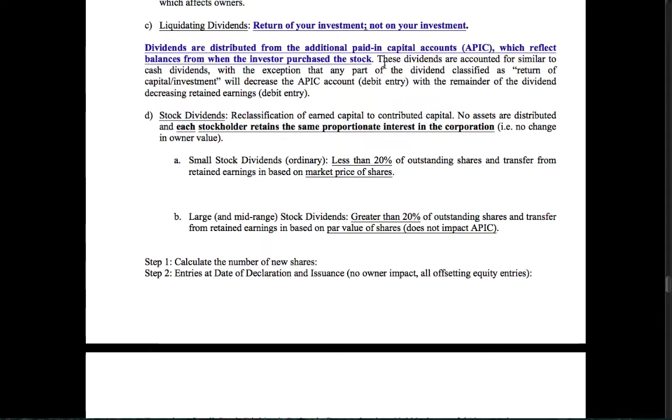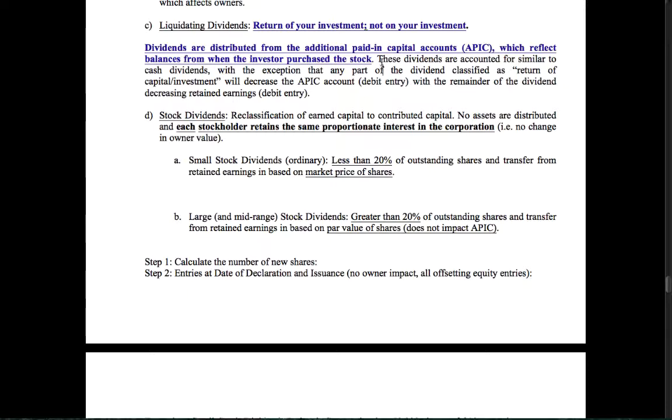In the example we've used previously where you paid $50 for a $10 par value, that $40 goes into additional paid in capital. When they decide and declare to pay a liquidating dividend, they're going to pay part of that $40 back to you.